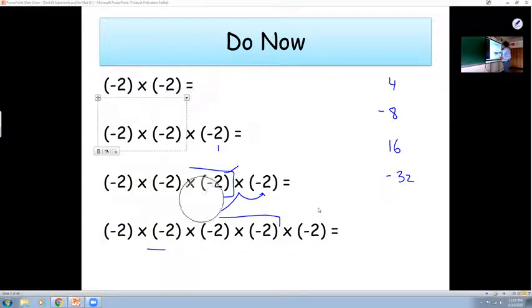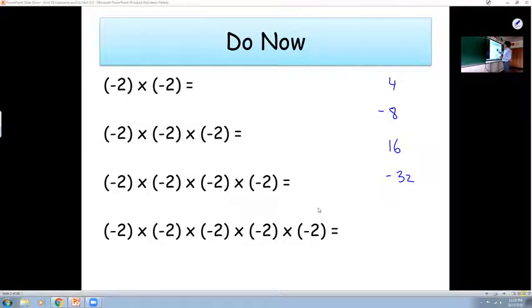Now, what do you notice, guys? -2 times -2. How about this one? -2 times -2 times -2. I see multiplication between the numbers, and the numbers are the same. This one is the same -2, and the multiplication sign is the same.